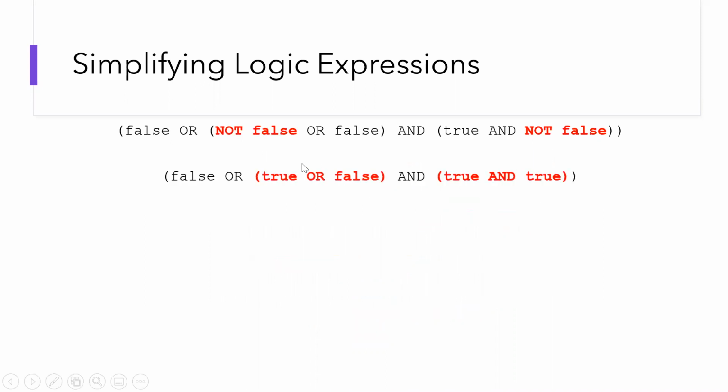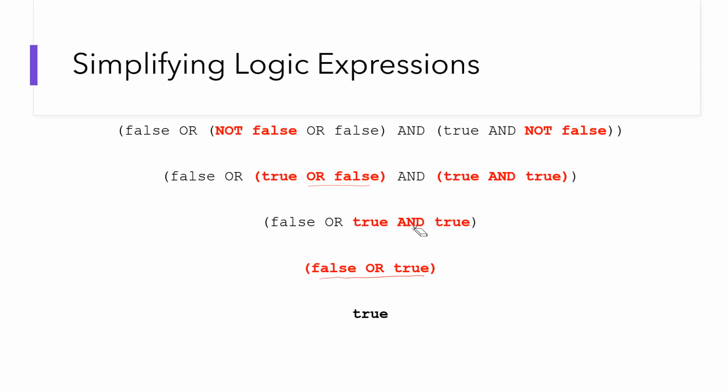All right, I've got a couple more examples. Again, it's choose the deepest brackets, evaluate the nots first, then evaluate what's in the brackets. And then from there, we have all of these things on the same level, so to speak, in the same set of brackets. So we're going to do the and before we do the or. So true and true gives us true, and that gives us false or true, which gives us true.